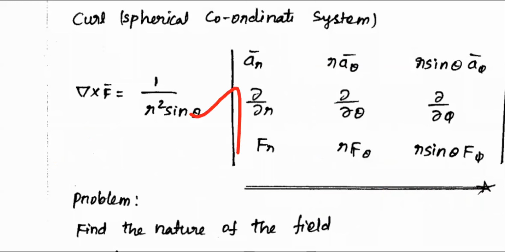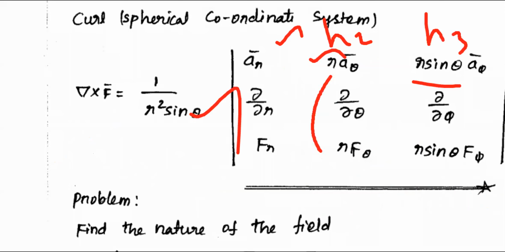Then here h1 into a r; h1 is 1. Next, instead of h2 you have to put r. Here h3, which is r sin theta. Then again the same factor comes here also. Once it is r, here also r. Once it is r sin theta, here also r sin theta.